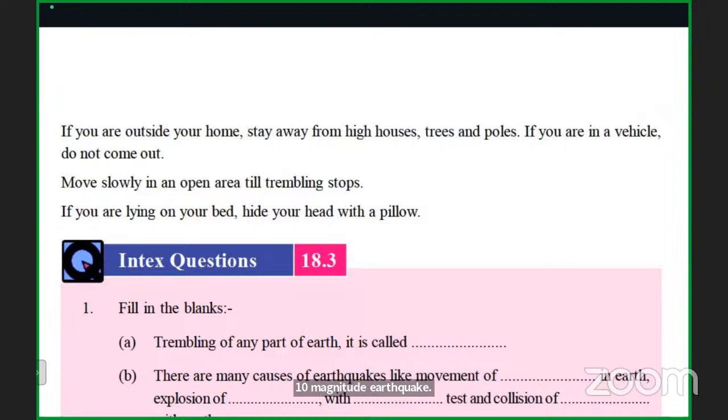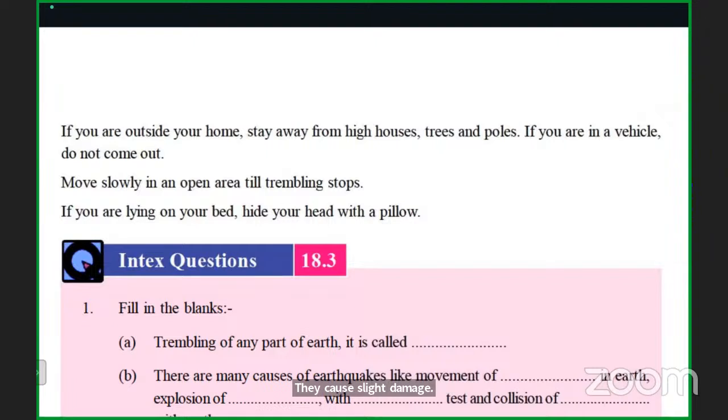Okay, so at 2.5 or less, we usually cannot feel it, or we can feel it very slightly. Then 2.5 to 5.4, we can feel it, and they only cause minor damage. Then 5.5 to 6.5, they cause slight damage.